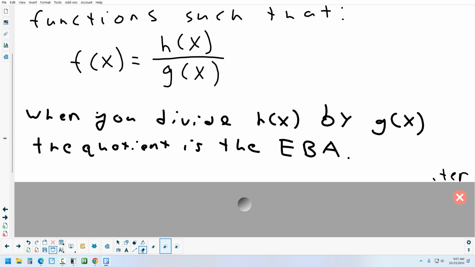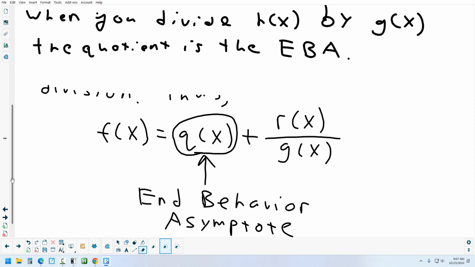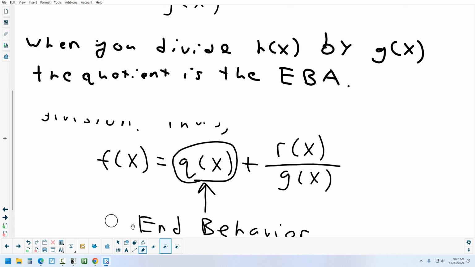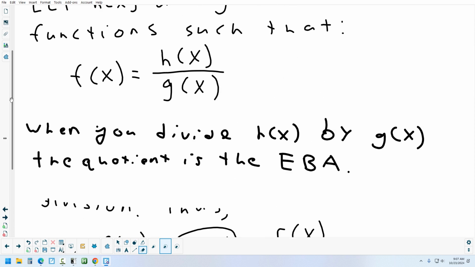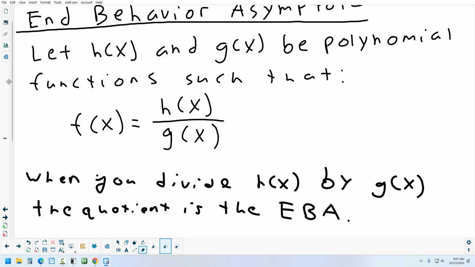So if the EBA starts to curve, I'm not going to have you sketch it, but I would have you just tell me what it is. Okay, so any questions on how to find the EBA? It's just the quotient when you do long division, that's all.